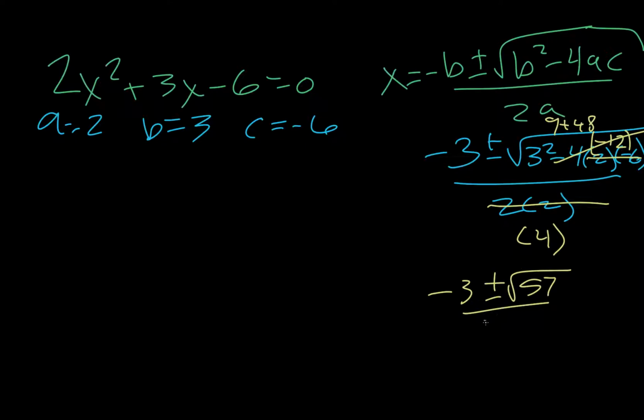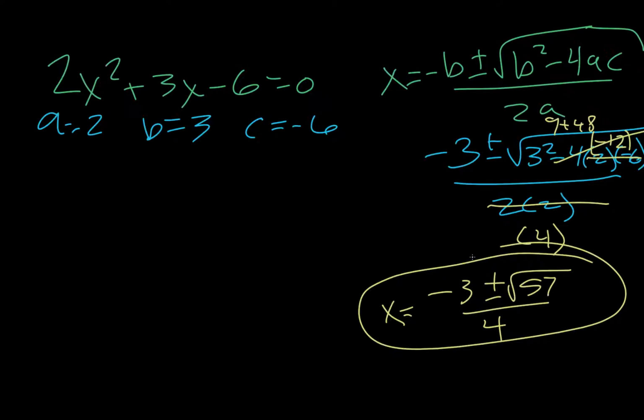Feel free to use a calculator if it makes it easier for you. Now, 57 can't be broken down, and so this is actually our final answer. Just make sure we say x equals. On to example 12.